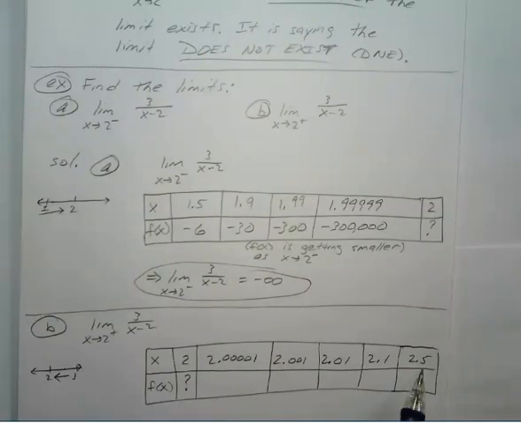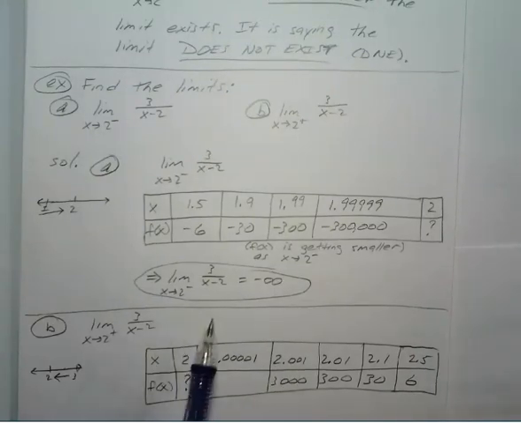If we plug in 2.5, we'll end up with 6. We plug in 2.1, we'll end up with 30. Plug in 2.01, we end up with 300. We plug in 2.001, we end up with 3,000.